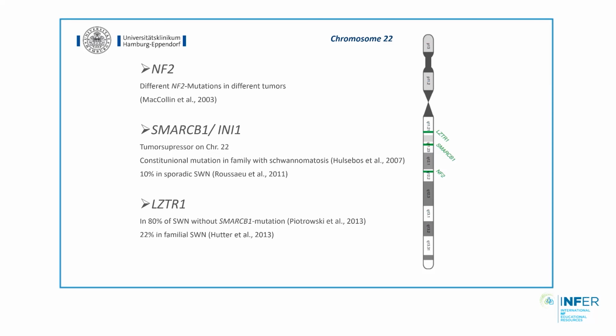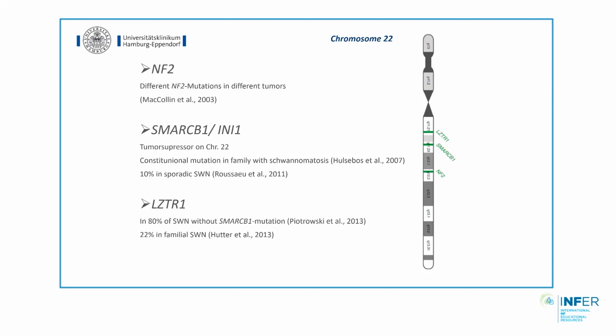LZTR1 was described some years later. Again, constitutional mutations in LZTR1 are not only causing schwannomatosis, but have also been described in Noonan syndrome or Noonan phenotypes. Malignancy probably is not linked to LZTR1-related schwannomatosis. Both genes are located on chromosome 22.